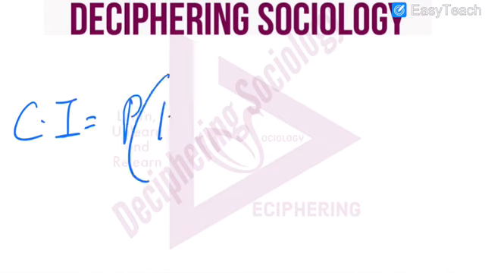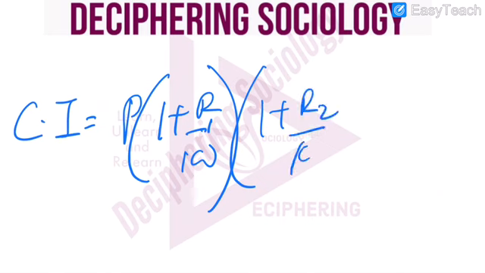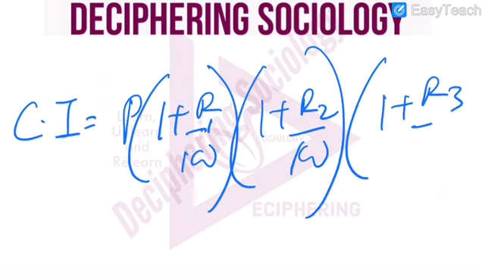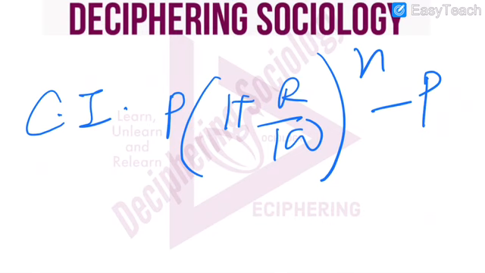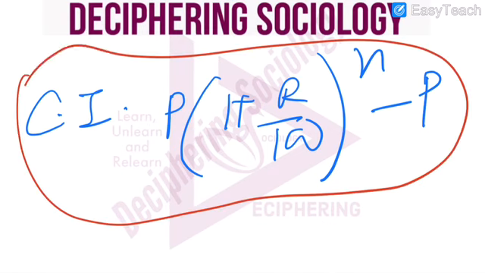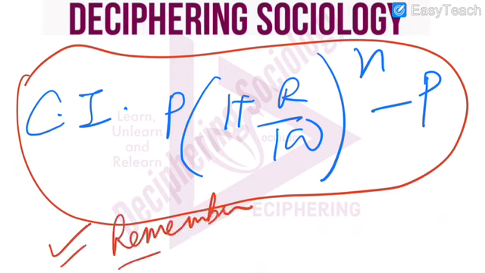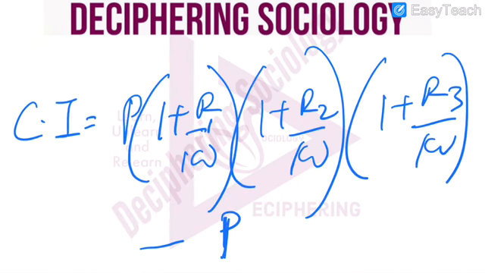It will be P into 1 plus R1 by 100, 1 plus R2 by 100, 1 plus R3 by 100. Then we will subtract P from it. So this is the formula for compound interest, and you will have to remember this formula. Okay, remember this please, because you only have to apply this formula, or if the rates of interest are different, then it will be this formula.